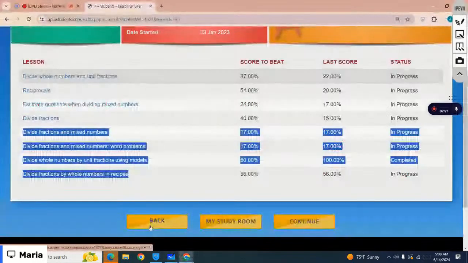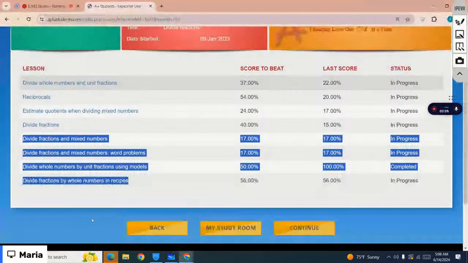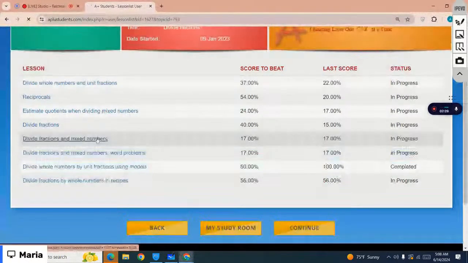Okay, here I am on grade 6 math. The chapter we are on right now is divide fractions. Let's just start with the lesson, that is divide fractions and mixed numbers.